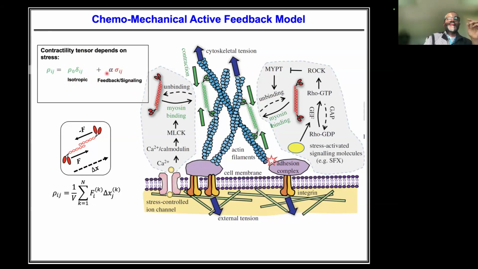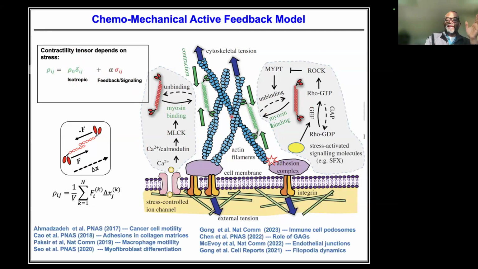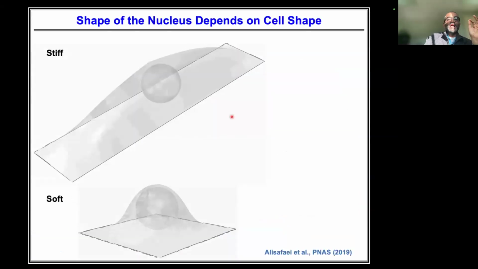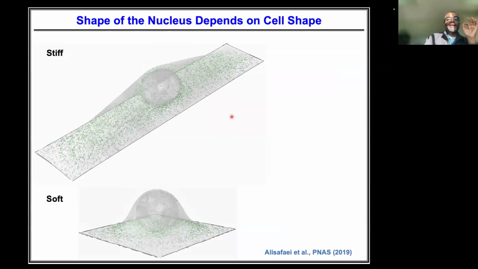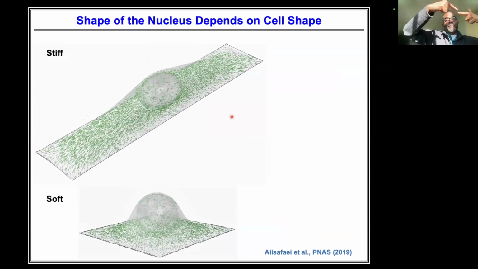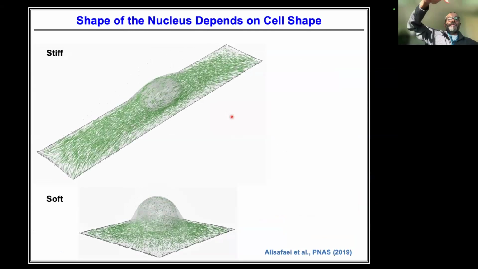And this alpha here, in a very coarse-grained manner, describes all of these signaling processes. So we've used this to study many different problems: cancer cell motility, macrophage motility, as well as a number of other problems. So for us, when the cell is elongated, you start off with isotropic contractility. Because the shape is anisotropic, the stress is anisotropic, which will feed back.